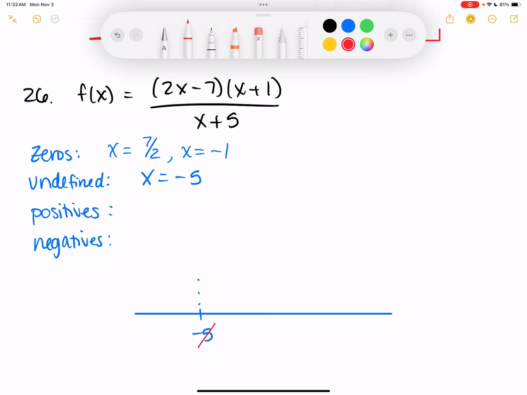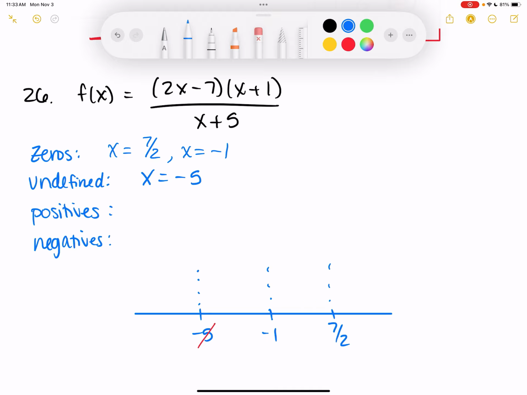Undefined values can only ever have a parentheses. We can't ever include them. So I like to get in the habit of putting a little slash through them so I know I can't include them. And then what do we have? Negative 1 and 7/2. So I'm going to have 4 regions I'm checking now.